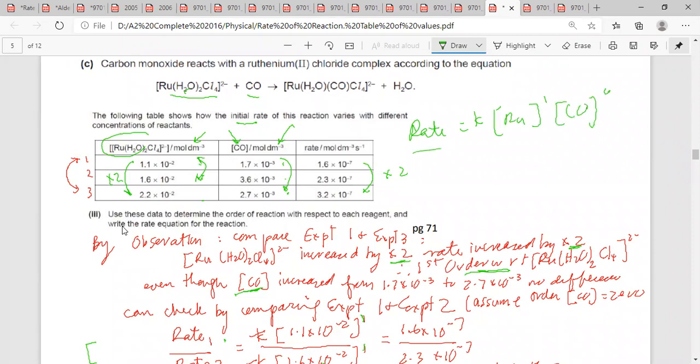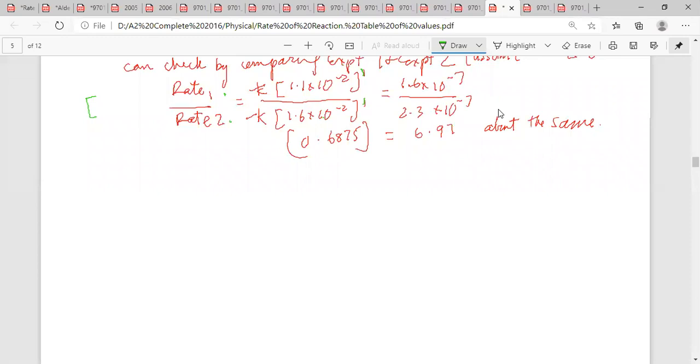Rate 1 over rate 2: ruthenium, this 1 and this 1, power 1, this 2 here, CO power 2. This can cancel, isn't it? So you can see that they will be the same.